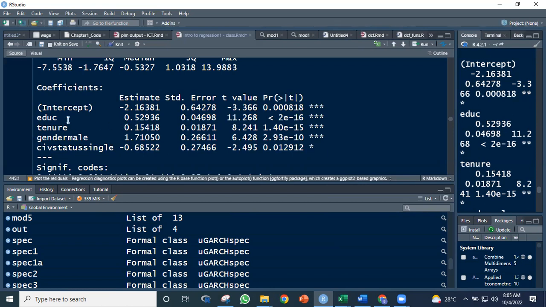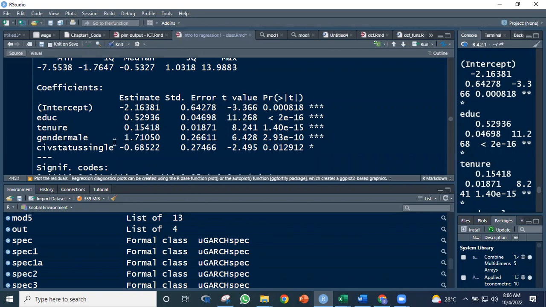So we say that for every 1 year increase in education, there's a corresponding $0.53 increase in hourly wage, ceteris paribus. Ceteris paribus indicates that we're not going to change, for example, we're not going to add 1 year in tenure. We let that be constant. That's why we add ceteris paribus. Also for tenure, a 1 year increase in tenure would mean a $0.15 increase in hourly wage, ceteris paribus.